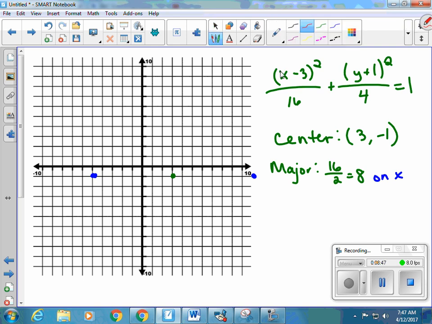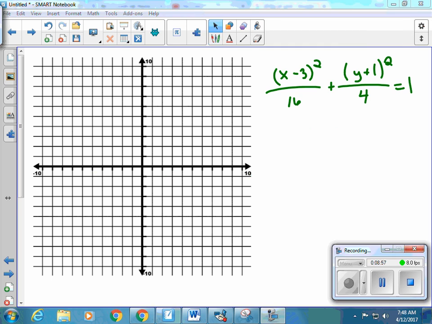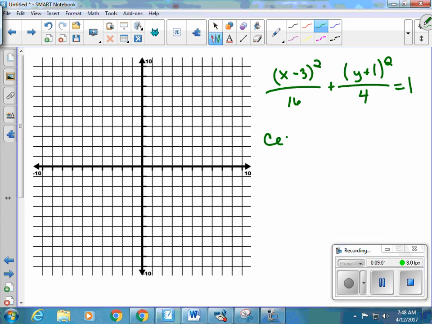Now I need my minor. My minor I know is 4 divided by 2. So looking at this, I know that my center is located at 3, -1. I'm going to go ahead and plot that point.